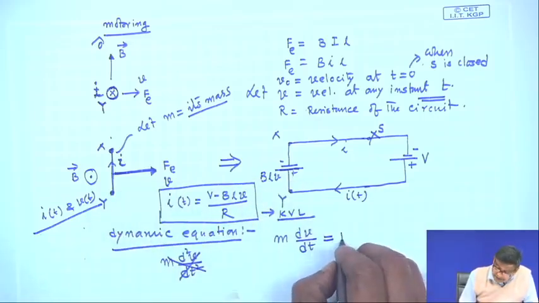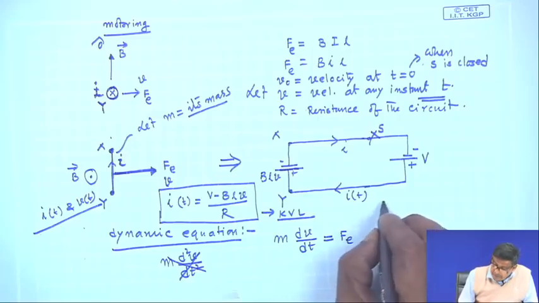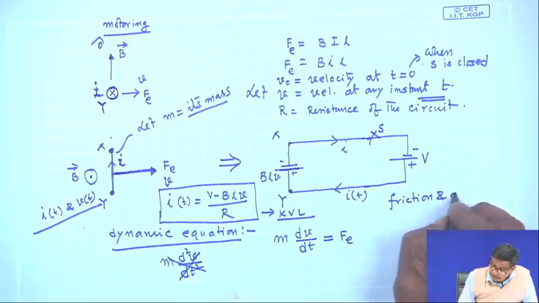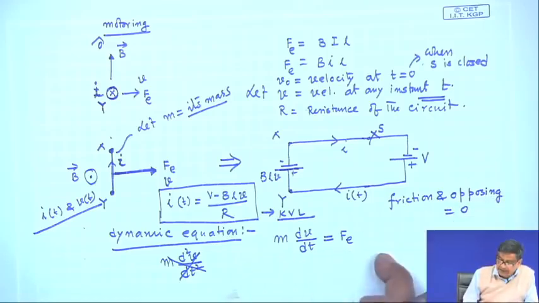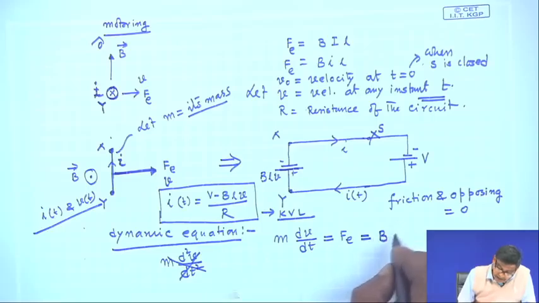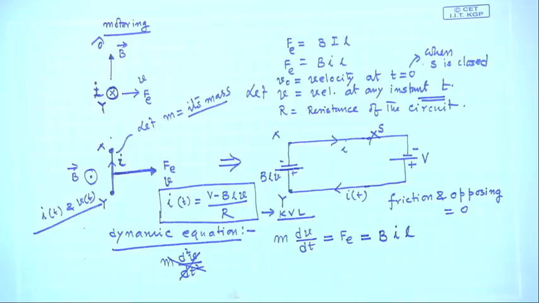Force applied is how much? Fe. Let friction, the opposing force, be equal to 0. So, it is this force which is accelerating it, that is the second equation. Therefore, m dv/dt is equal to Fe, and Fe is nothing but B I into L, that is all. This is the equation of dynamics.